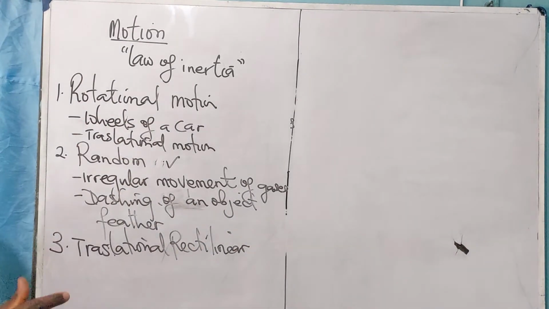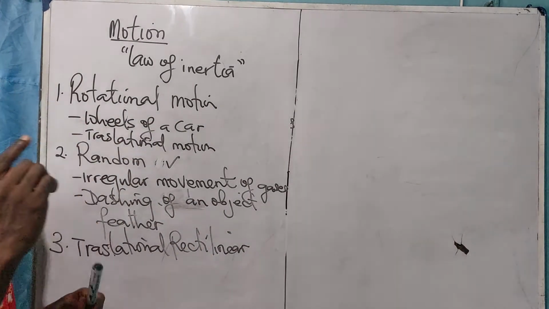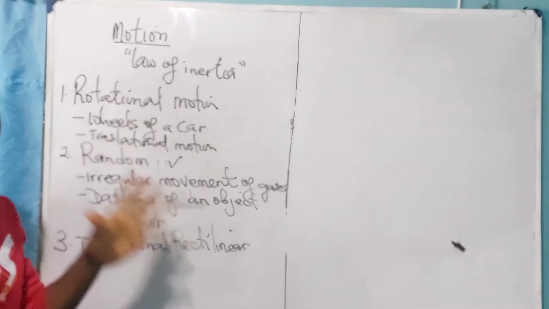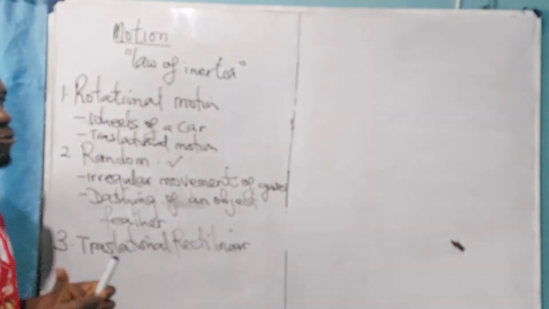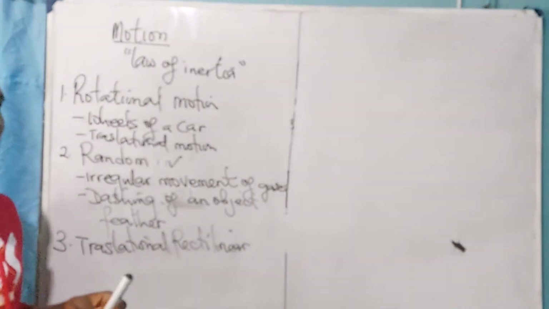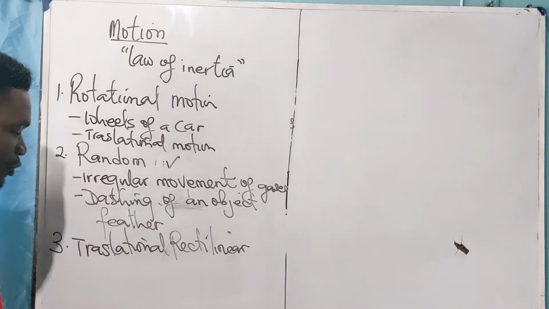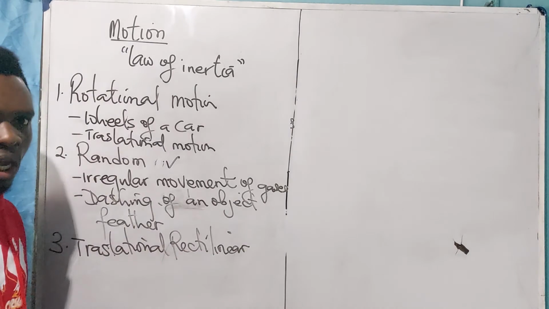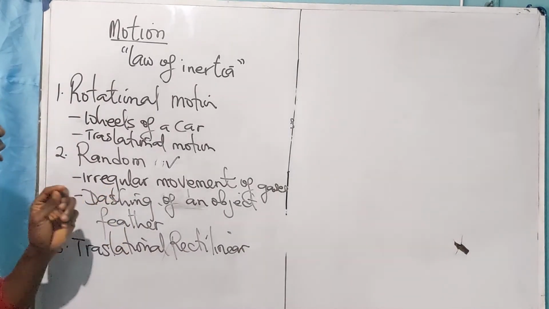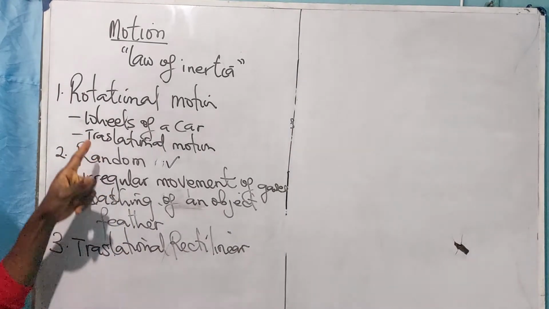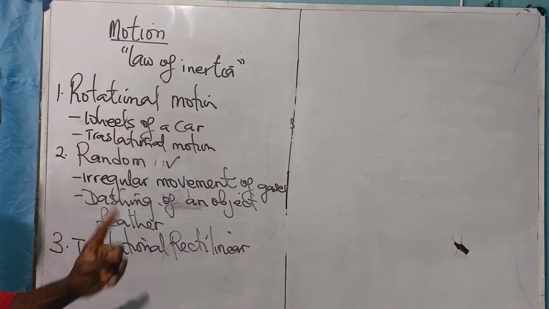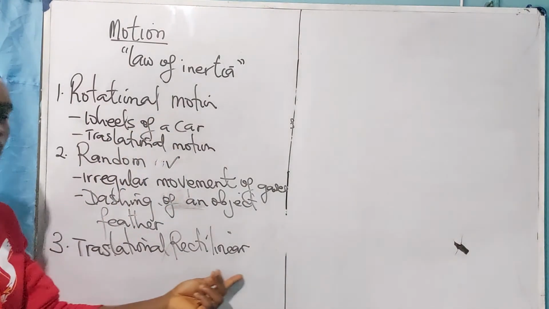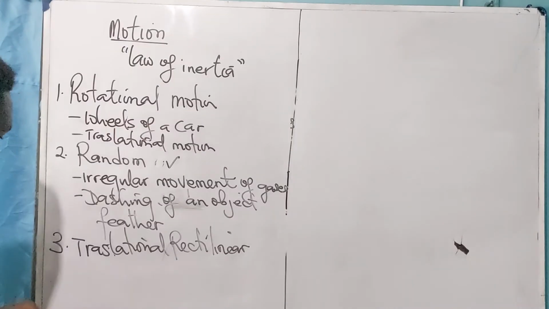Example is the movement of a car from point A to point B, or from town A to town B along a straight line. You call that a translational rectilinear motion. I told us that the wheels of a car possess rotational motion and translational rectilinear motion. Please take note of that.